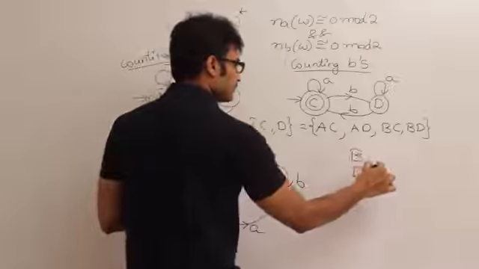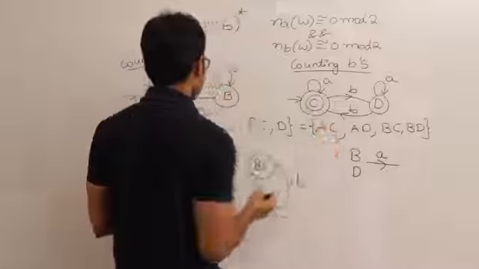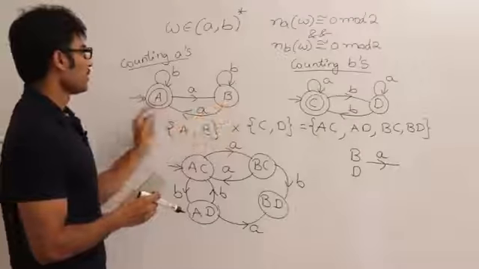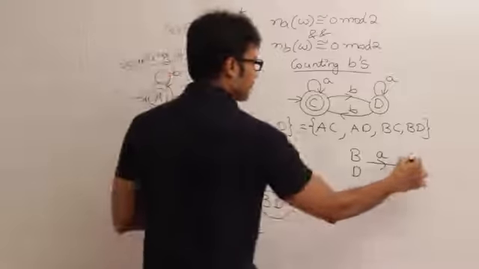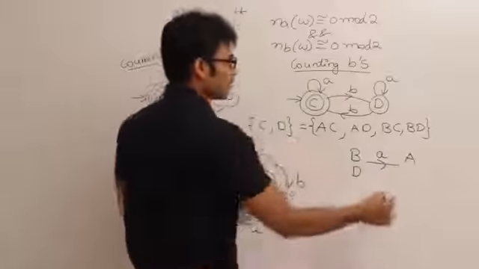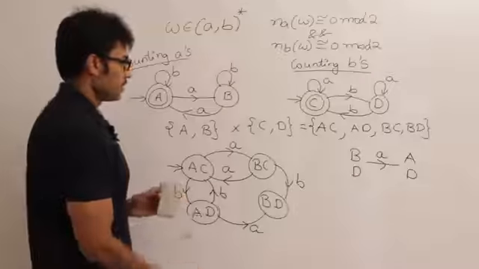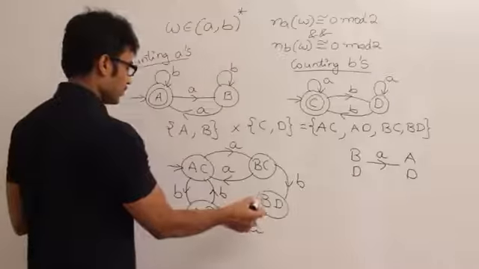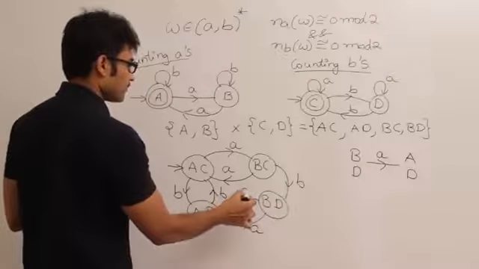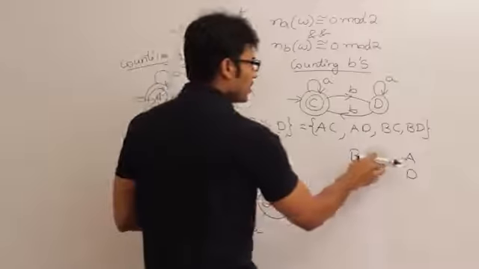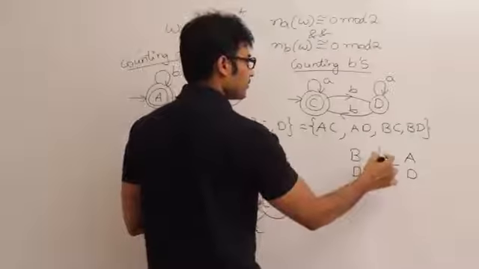BD. BD on A. So B on A is going to capital A, and D on A is going to capital D. So BD on small a is going to AD, and BD on small b.